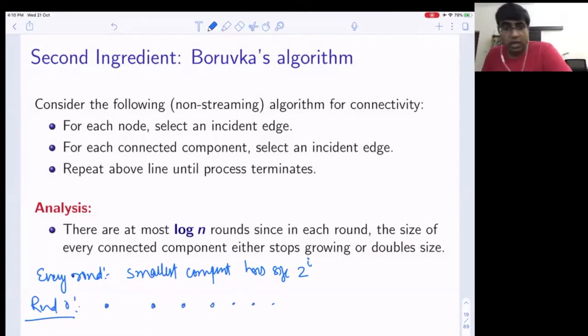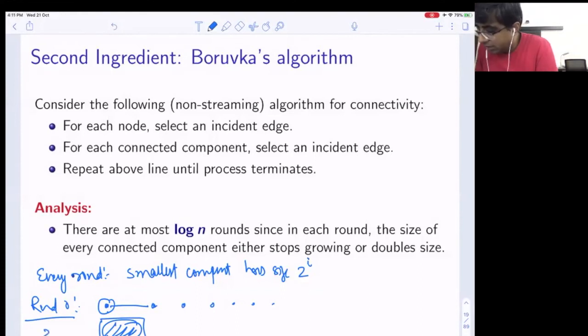Clearly, in the second round, everybody has sent an edge. So if I look at the graph induced on this set of edges, every vertex will have proposed to someone, and maybe he proposed to someone else. If you collect all this, the component size will only become bigger. So the component now becomes at least 2 power 1.